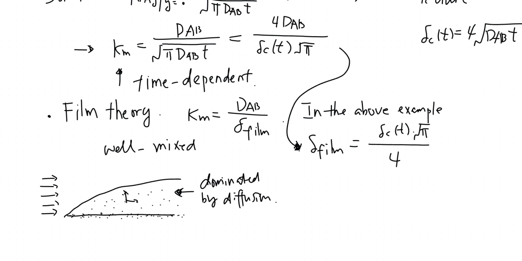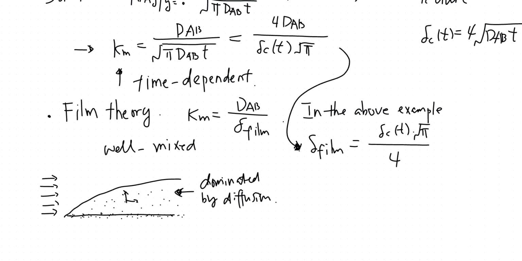The idea is to get rid of computing derivatives and figuring out the contributions from convection and diffusion within those complicated boundary layers. So film theory says, if you know the film thickness and the diffusion coefficient DAB, you can take the ratio and this will be your Km. And once you know the mass transfer coefficient, you can use our earlier equation to get the flux.